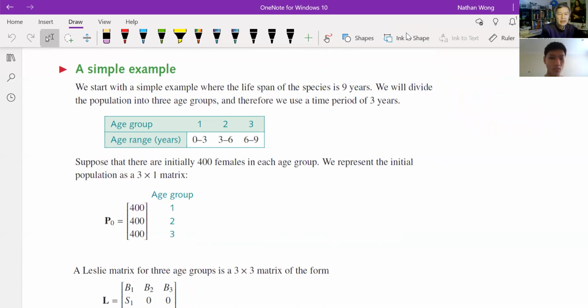They have 3 age groups. In this example, 9 years is the oldest in this particular animal population. So in other words, the surviving rate for this particular group, like 3, is smaller than the others.